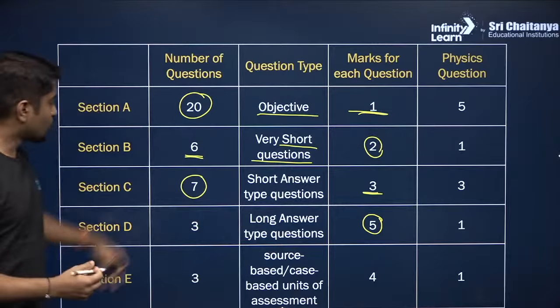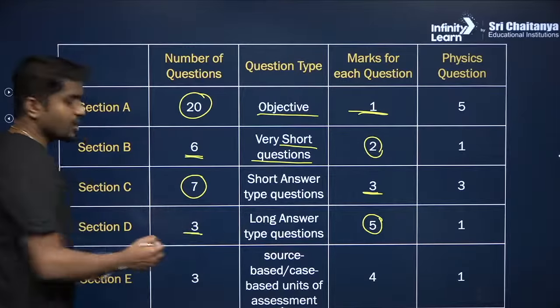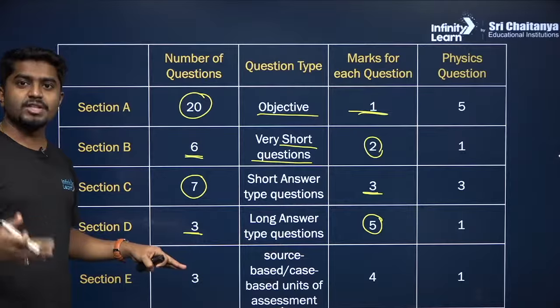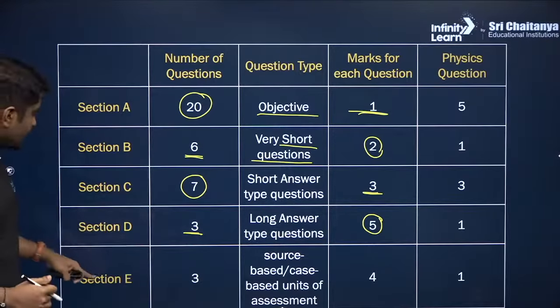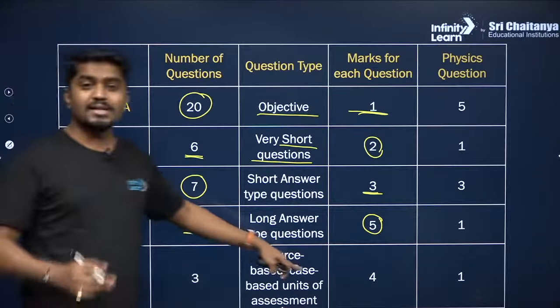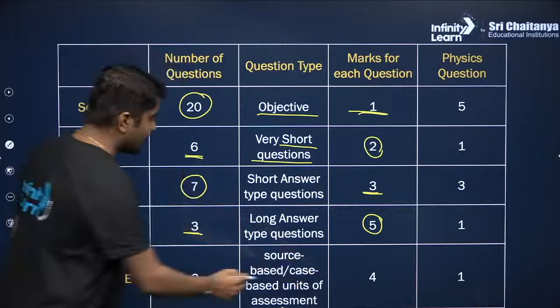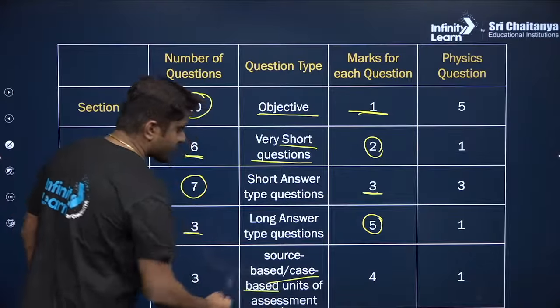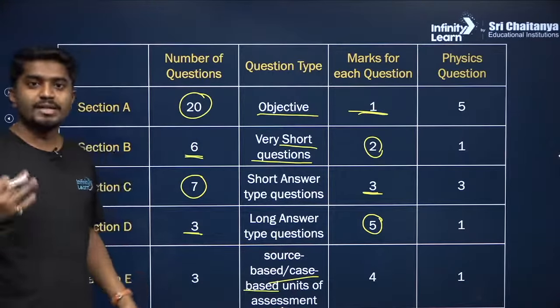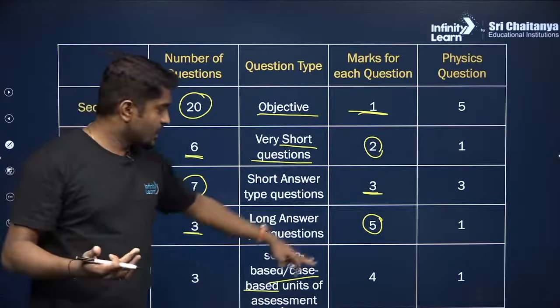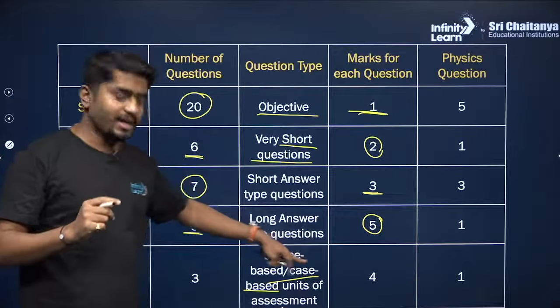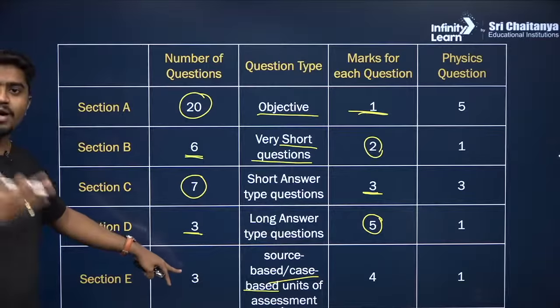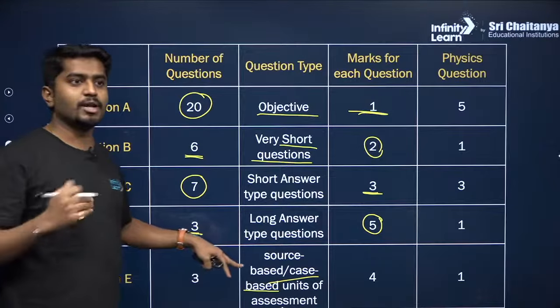Total questions is 3, 1 for physics, 1 for chemistry and 1 for biology. Section E has 4 mark questions. They are all case study type questions, or competency based questions. Each question is 4 marks, total questions 3, again 1 for physics, 1 for chemistry, 1 for biology.